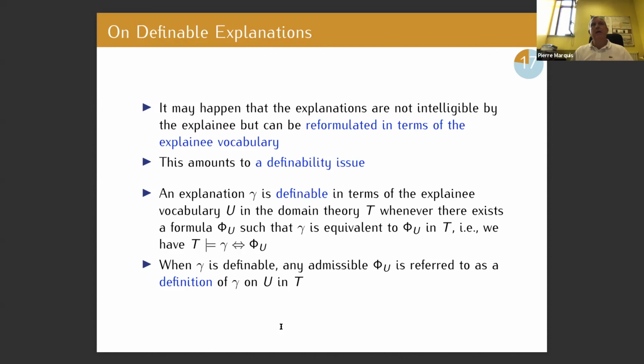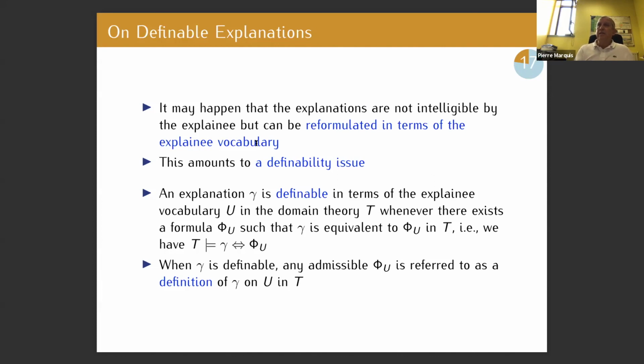Quickly, a few words about this, which is not in the paper, but in the extended version, and there's a link in the paper about that. It can be the case that the explanations are not directly intelligible by the explainee, but an interesting situation is when those explanations can be reformulated in terms of the explainee vocabulary.